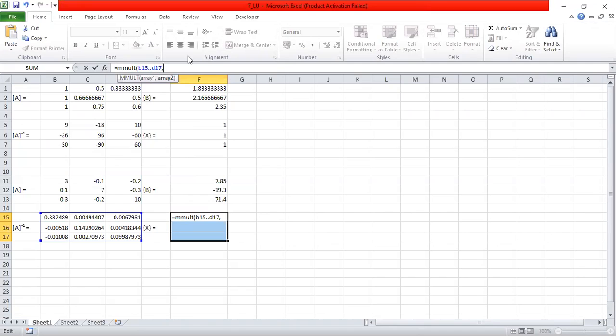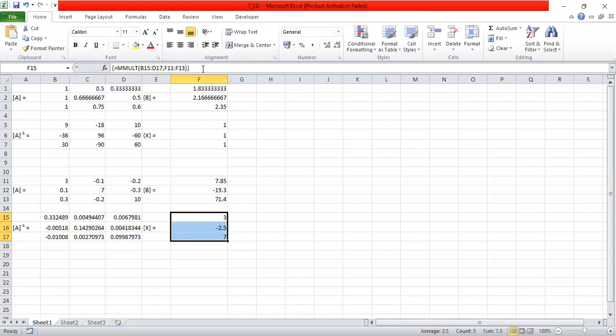Then you're multiplying it with your B, which is from F11 to F13. Then you press your Control Shift and Enter. So this is your x1, x2, and x3.